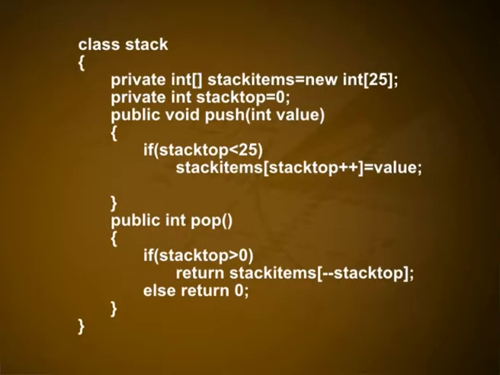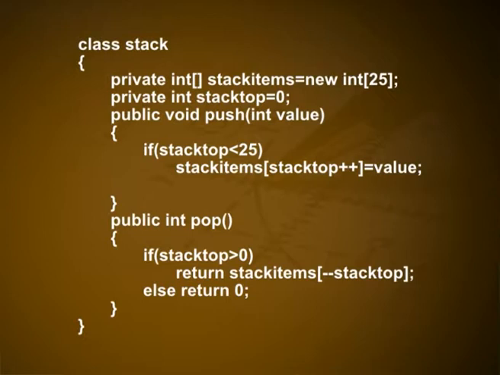For example, the statement used to define a class called stack is similar to the definition of the abstract data type called stack. Class stack, private int stack items equal to new int of 25, private int stack top equal to 0, public void push int value: if stack top less than 25, stack items of stack top plus plus equal to value.